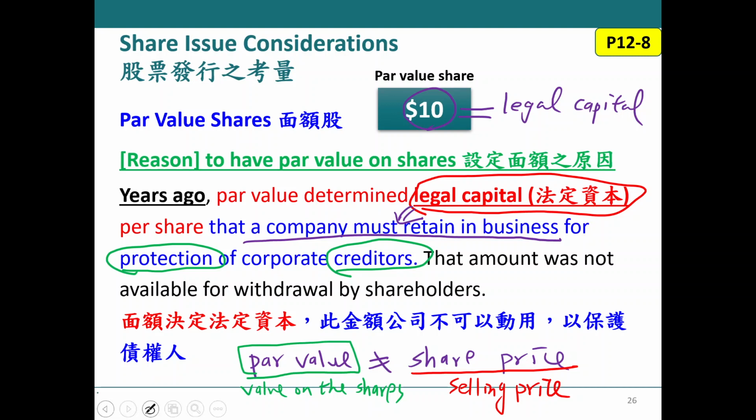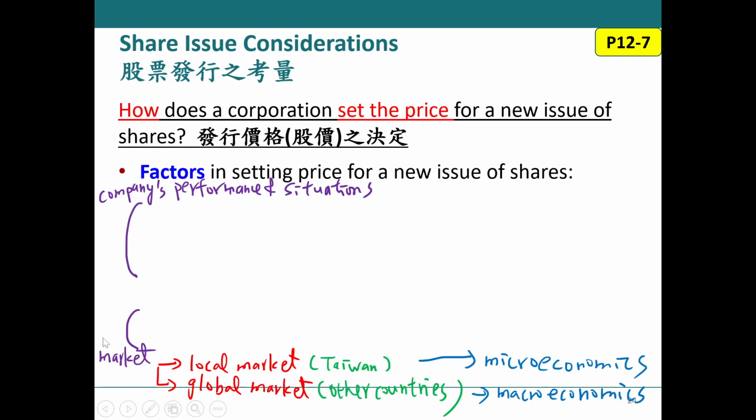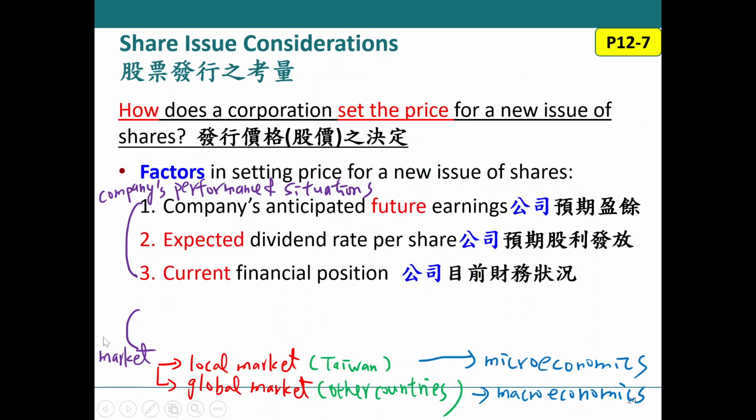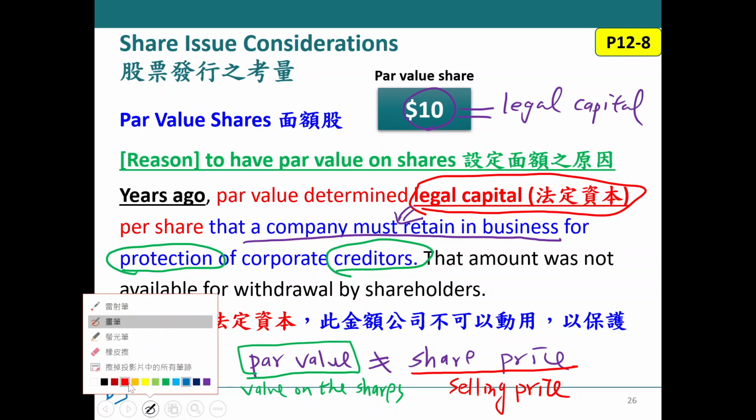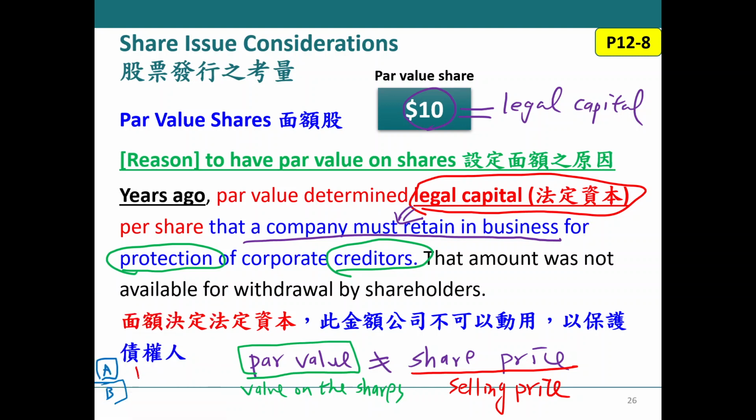Okay, so for example, company A and company B, both of them have the same par value. Par value 10. Par value 10.